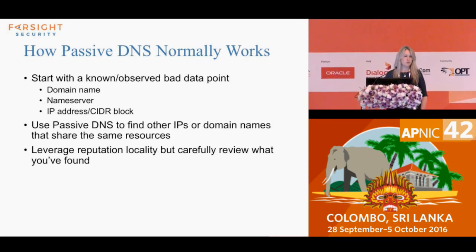And so what you then do is you use that one data point and you do various searches in the passive DNS database to then find other IPs or domain names that share the same resources. Because again, you're trying to find that whole malware campaign so that typically you can end up doing some kind of a law enforcement takedown. And most of these campaigns are global, right? So it takes quite a bit of effort and quite a bit of research to really find out who all is part of this.